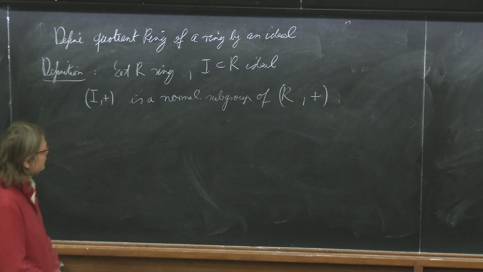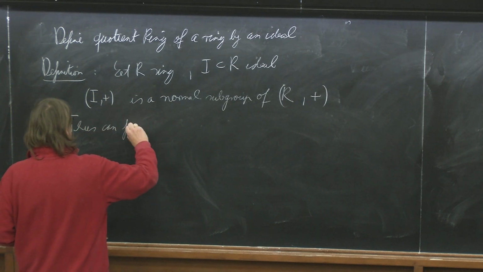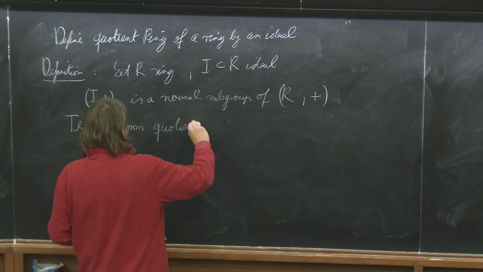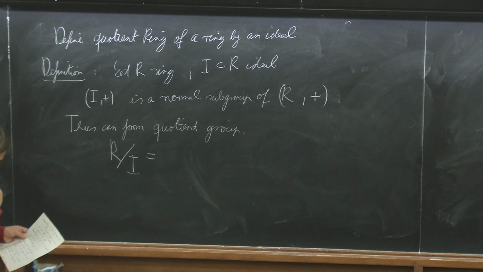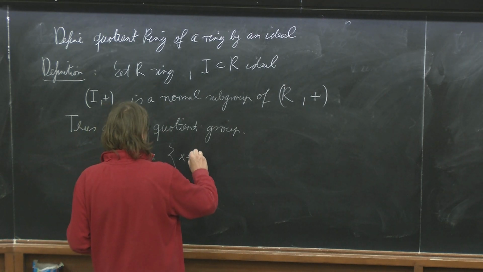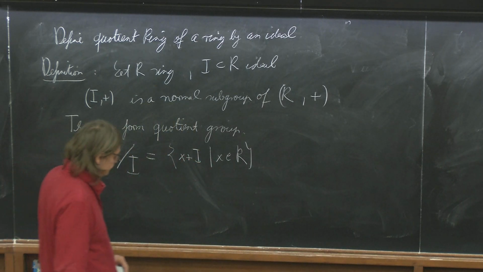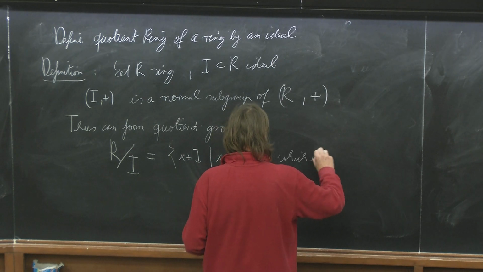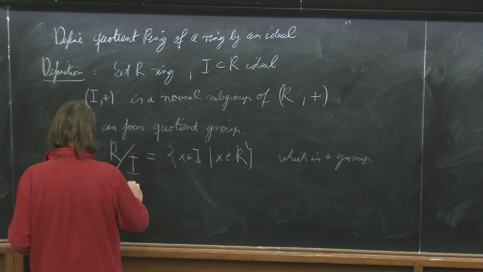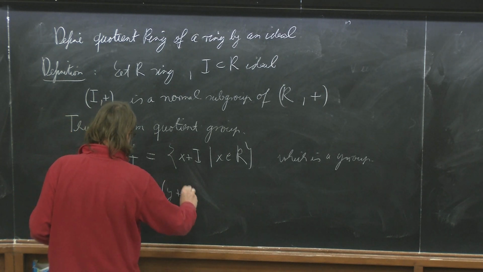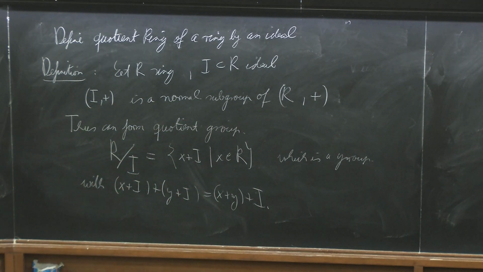So it's a normal subgroup, so therefore we can form the quotient group R mod I, just as usual the set of all cosets x plus I, x in R, and this is a group with the usual addition. Okay, so this we already know.